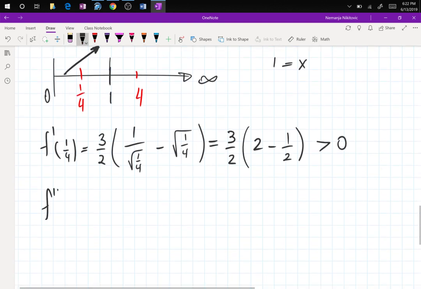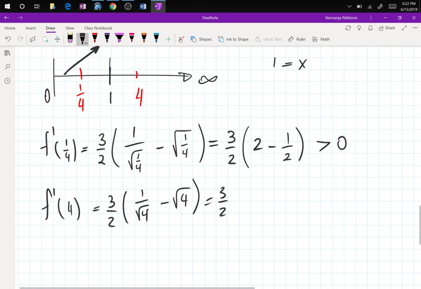For our second test point, which is 4, we plug everything in. 1 over square root of 4 minus square root of 4. That's 3/2 times 1/2 minus 2. Now that's going to be less than 0 because 1/2 minus 2 is negative.